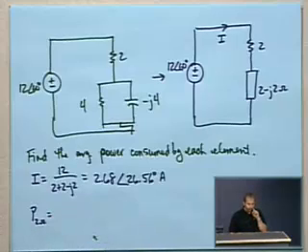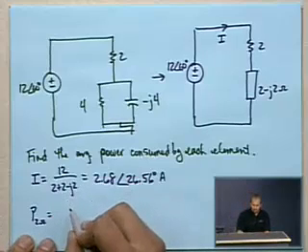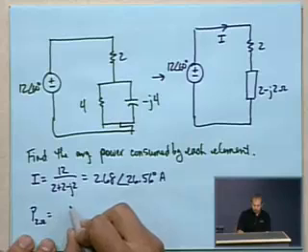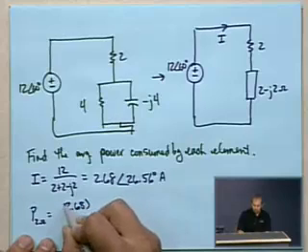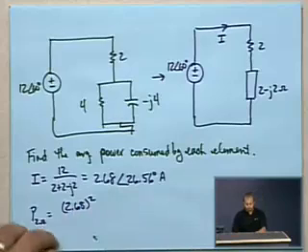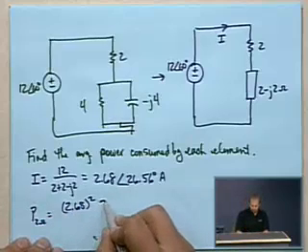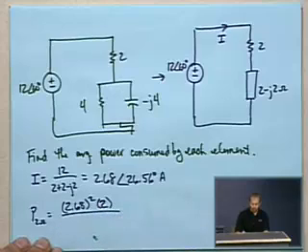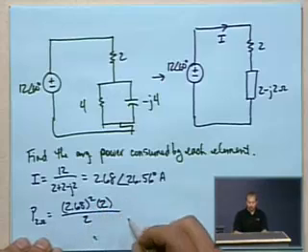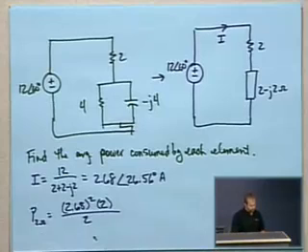We have the current, so we might as well use it: the magnitude of the current squared times the resistance of 2, divided by 2, gives us the total power.